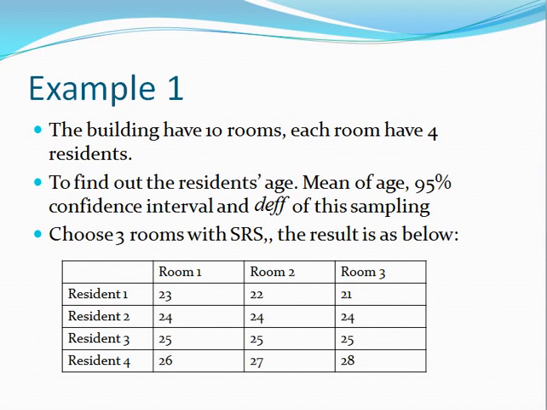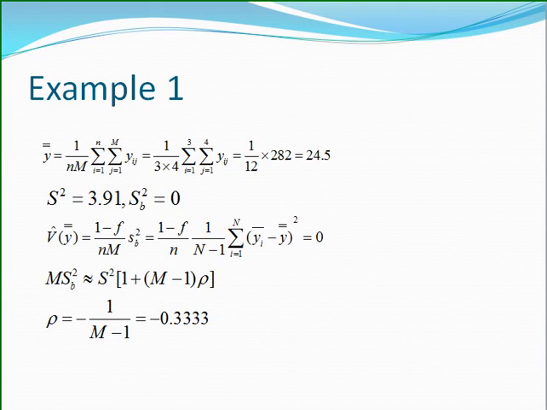For some software problem, I can't write it down to show how this works, so I chose this method to show how it works. So the main part is to add them together and divide by the number, which is 3 clusters, 4 people, and then we get 24.5, which is the mean of the sample, and the variance of the population S square is equal to 3.91, and S_b square is 0 since there is no difference between the clusters.